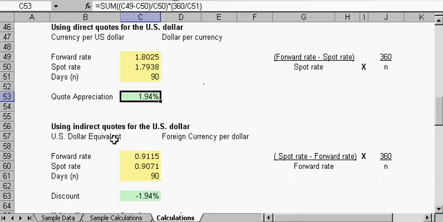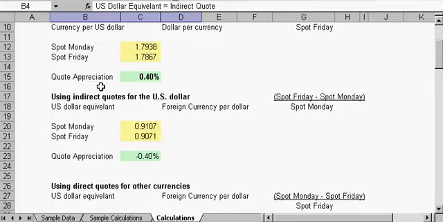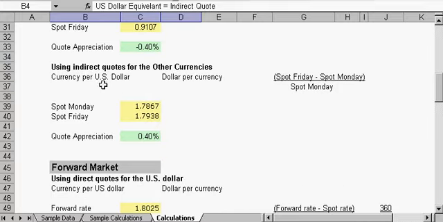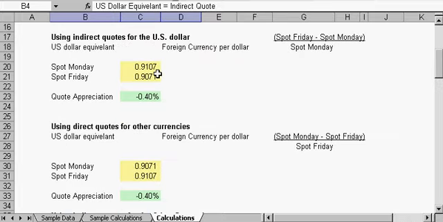Using indirect quotes for US dollars. This is the US dollar equivalent. Indirect quotes for US dollars. So where is that? It's the US dollar equivalent. Does that work? Indirect quotes for US dollar is the US dollar equivalent.